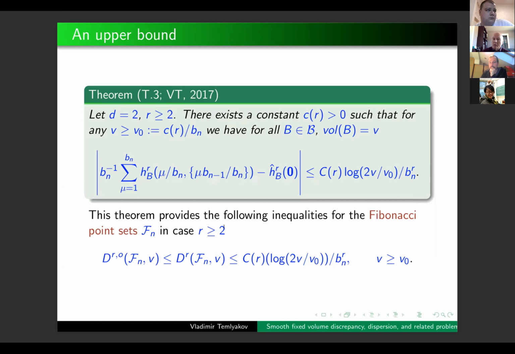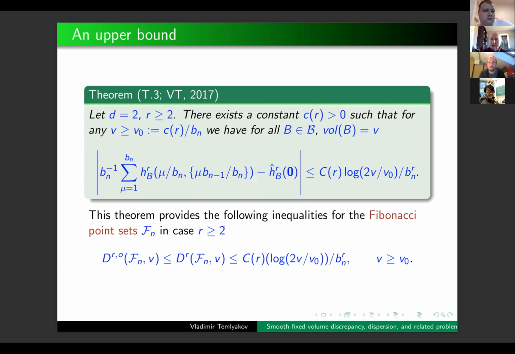But using fixed volume discrepancy, we improved those results in application to dispersion just a little bit, but improved. And certainly the question is whether those results are the best possible, or maybe we can improve our results using, for instance, Bykovsky's technique. This is again an open question. So how to do that?